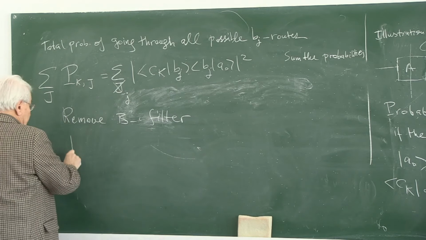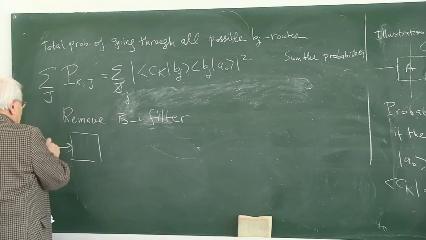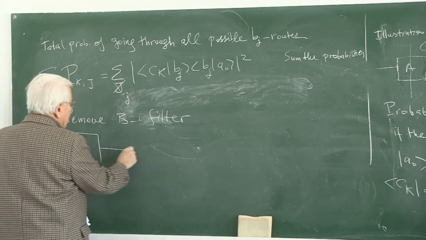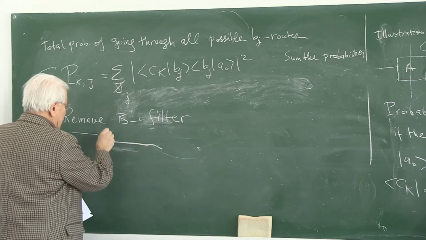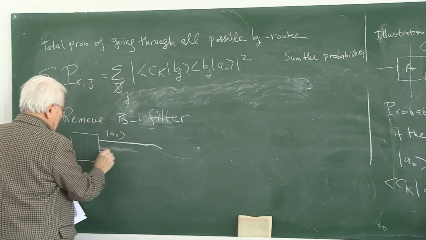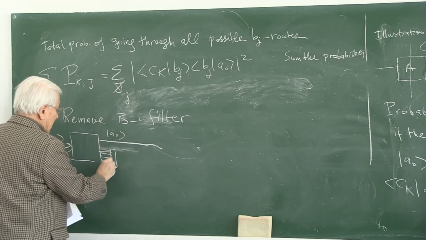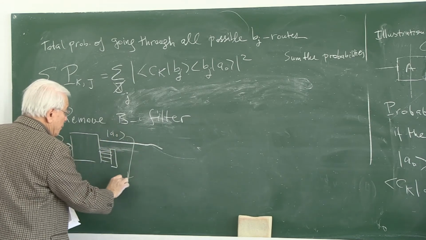Then you have the following. A, again the initial arbitrary one came in and you filtered out A0 and blocked all the rest, and you normalize this one as before.